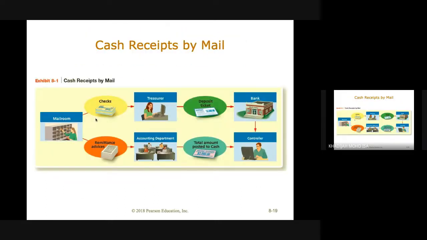For example, if you receive a check by mail, the check will go into the mail room. The treasurer will have to record whatever checks are received, prepare a deposit ticket, and bank the check into the bank. A remittance advice has to be issued upon receipt, and then goes into the accounting department. The total amount is posted to cash, and then you have a controller there.